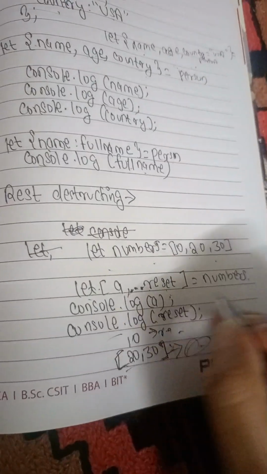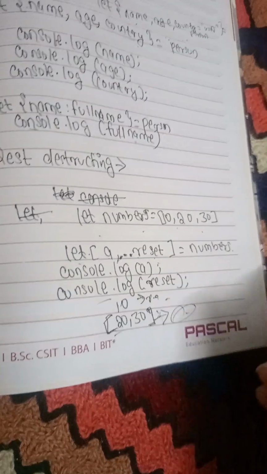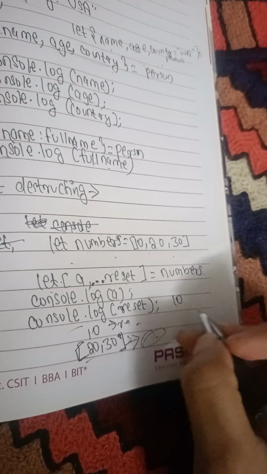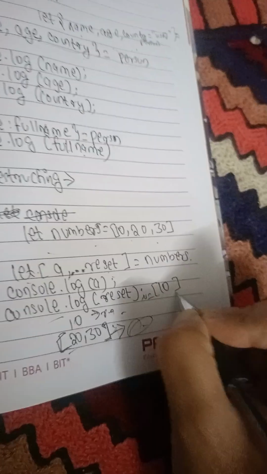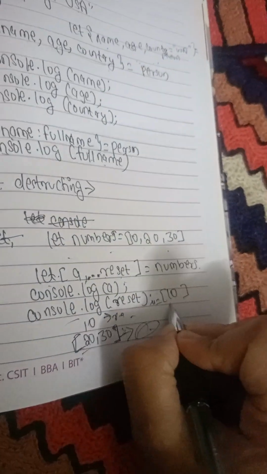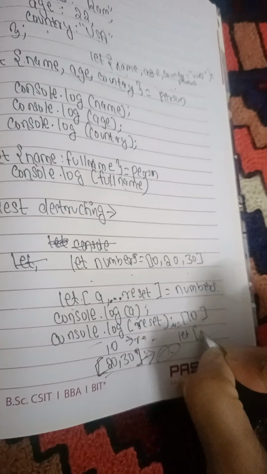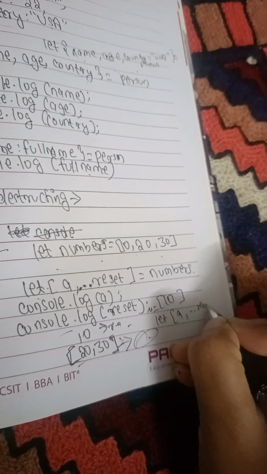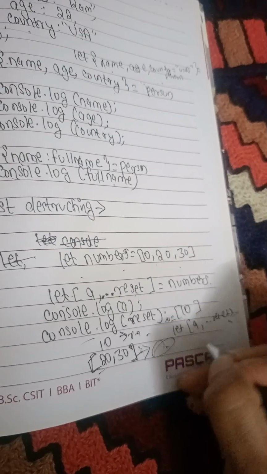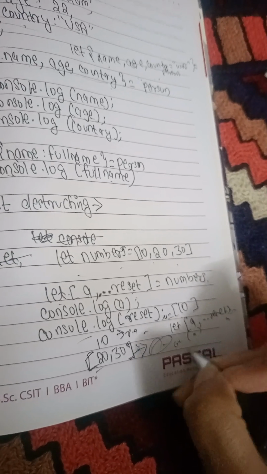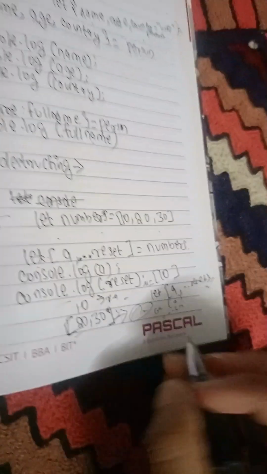And if there is only one value, let's say the array only has one value, so numbers is equal to 10, then you just write let a, and then rest is equal to numbers, and then console.log a and console.log rest.